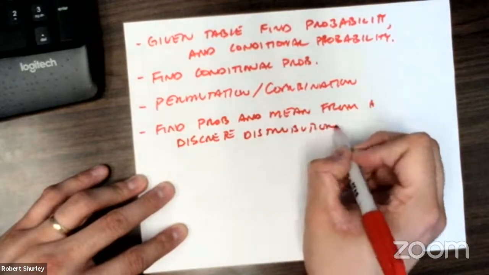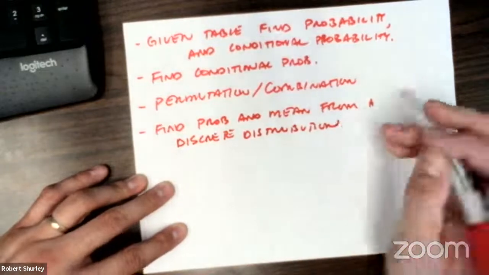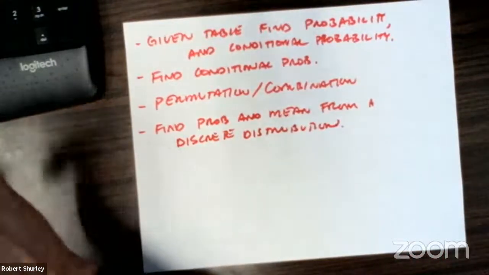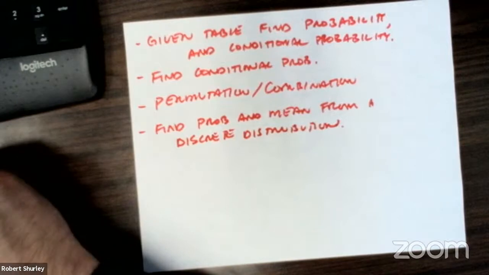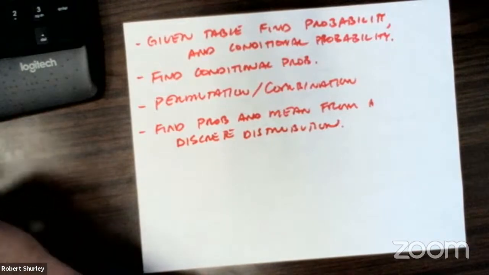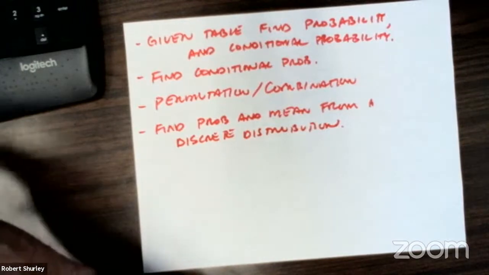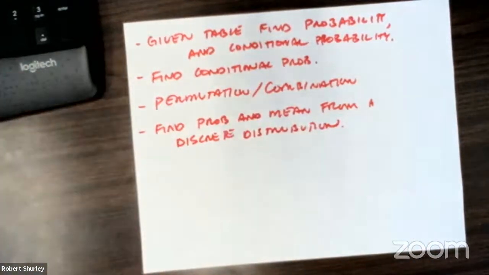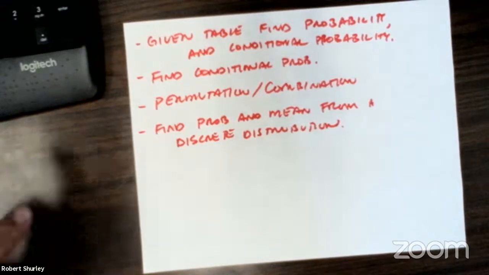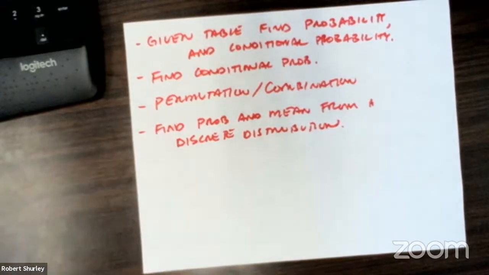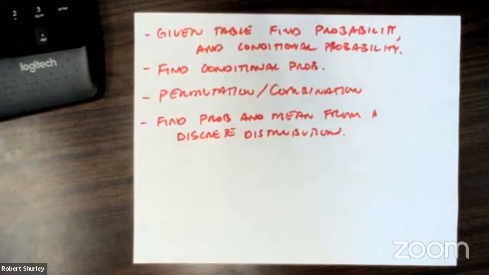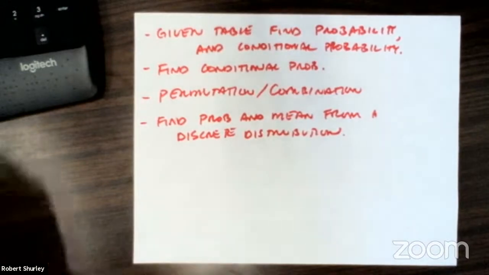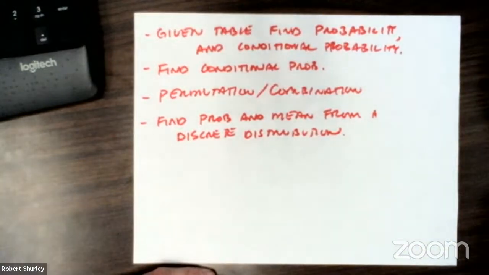If you go back and look at your test, you'll see that the question had to do with defective circuits. It had 0 defective circuits, 1 defective circuit, or 2 defective circuits. That was a discrete distribution, which was one of the very first questions, talking about discrete and continuous variables, because there can only be none, 1, or 2. And then you had to find the mean and a probability based on that.